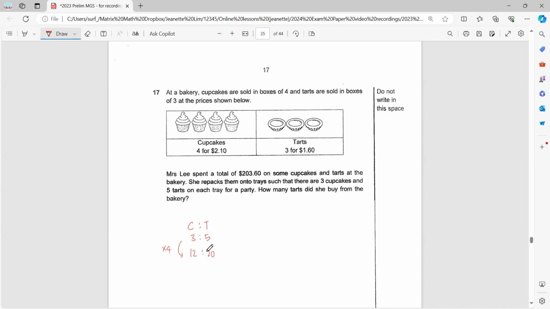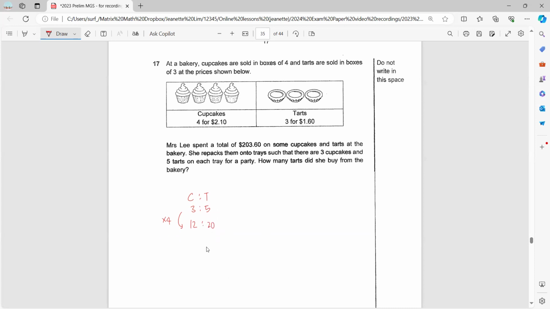So how do you get a multiple of 3 from 20? 20 is not a multiple of 3, so you have to times 3 to get a multiple of 3. Because there's no way you're going to get 20 tarts if they are sold in 3s. So this will give you 60. And this will give us 36.